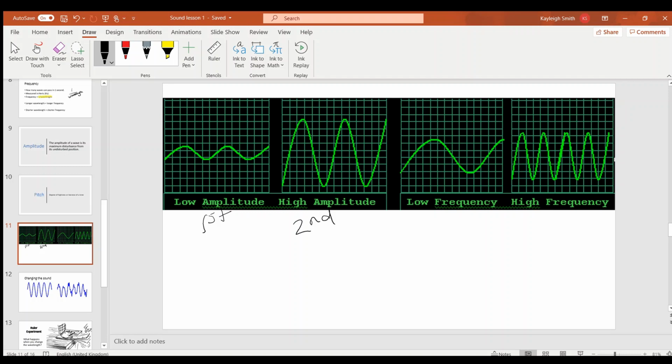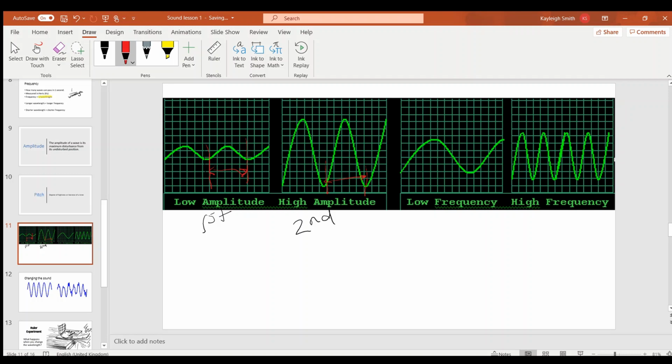So if we go from the same point on two waves, from here to here, and then we do the same over here, from here to here, you can see that that distance is the same. We've got 5 boxes on both sides, here and here. Excuse my wonky lines, you get the idea.